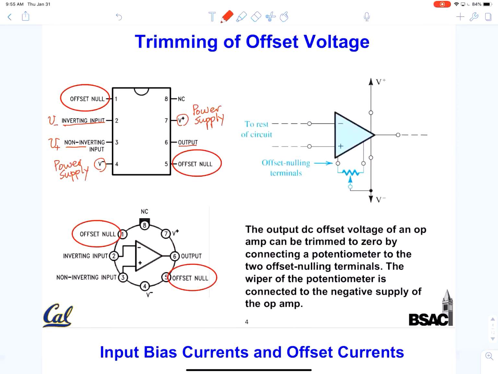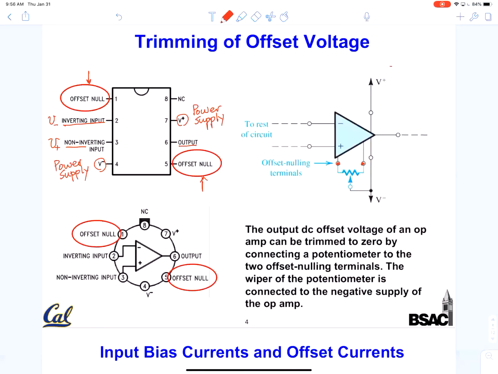Here you will see two offset nodes. We typically connect them to a potentiometer. Basically, you connect the two outer leads of a variable resistor to the potentiometer, and the center lead you connect to the most negative power supply.